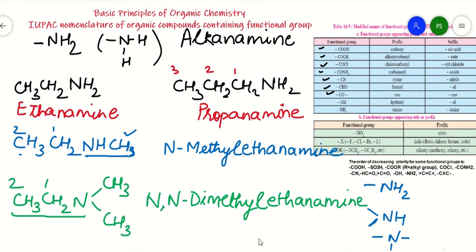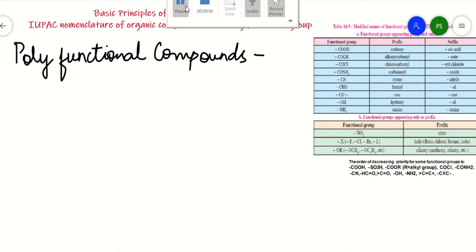Now children, let's talk about polyfunctional group containing compounds. Polyfunctional compounds. Children, all those organic compounds which have two or more functional groups, whether different or the same, in their molecules are called polyfunctional compounds.